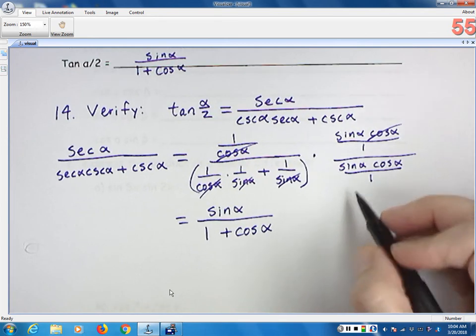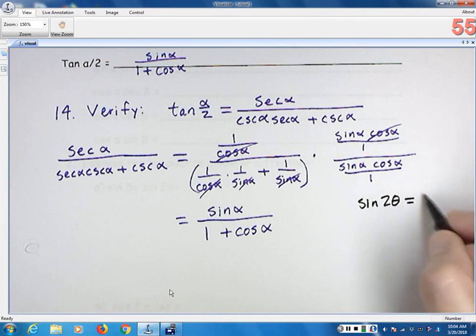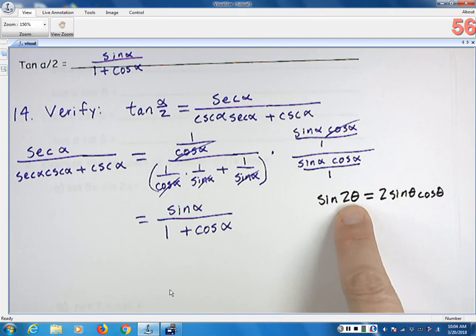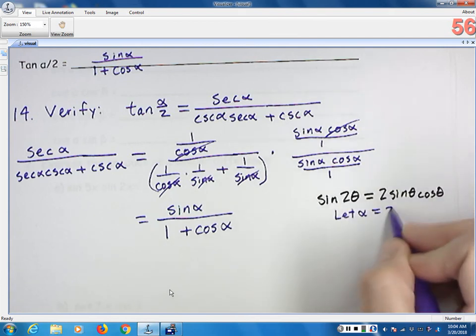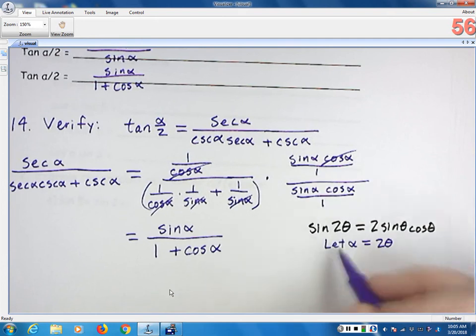From the first page, we've got sine of 2 theta equals 2 sine theta cosine theta. And if we let alpha equal 2 theta, then that's what I'm showing off to the side here.